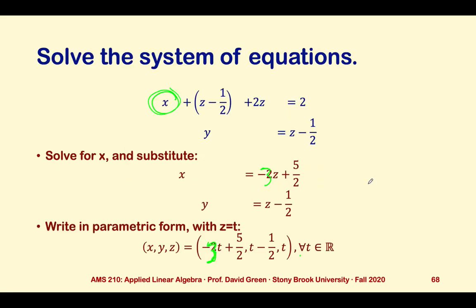We looked here at 3 different examples, 3 variable systems of 3 equations, one where we had a unique solution, one where we had no solution, one where we have multiple solutions that we represent with a parametric solution.